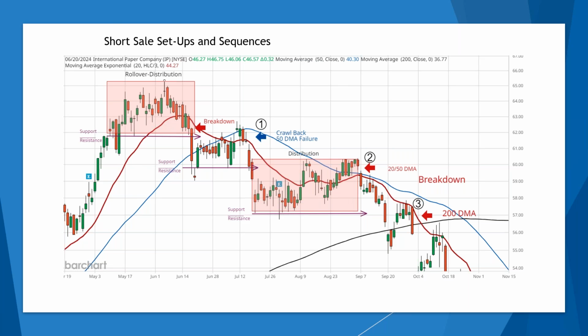And notice how we're seeing this change from higher highs and higher lows to lower highs and lower lows. What we want to do is wait patiently for those retests where the market tries to rally, make a new high, but in this case, a lower high.